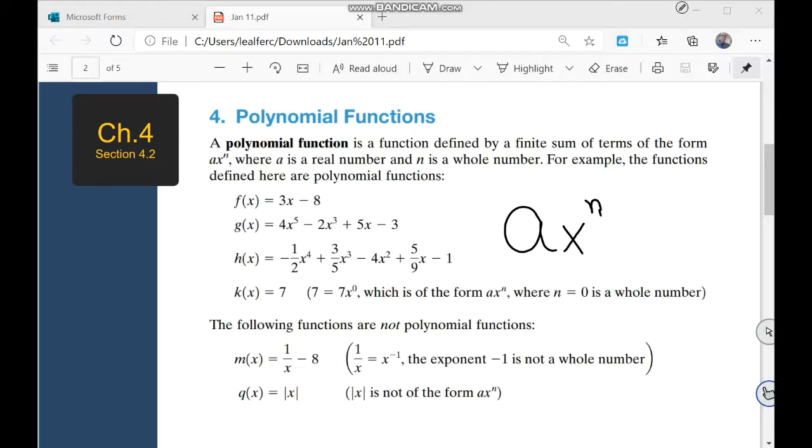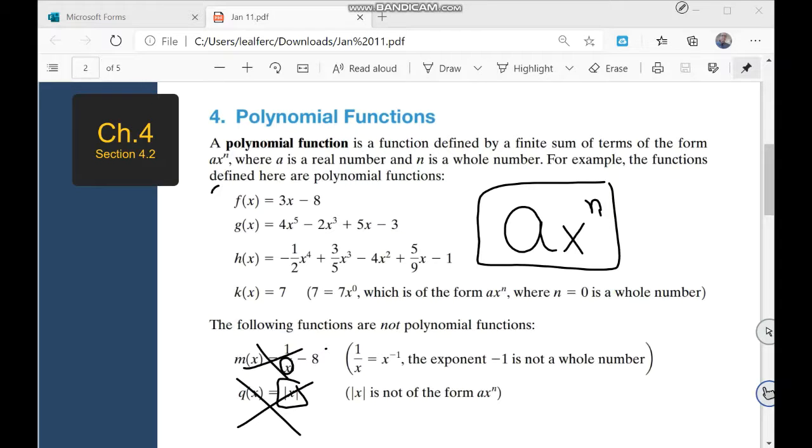So these are not polynomial functions. Here, the x is in the denominator, so it's not a polynomial function. Here you have the absolute value function. If you have the absolute value, a square root, or anything that is not in this form, it is not polynomial. And those are examples of polynomial functions, because they have this form.